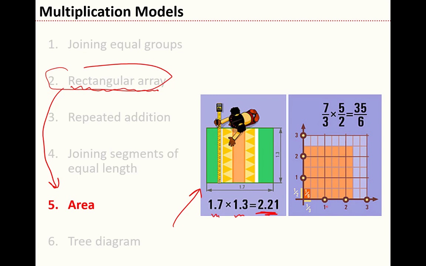Take a look at the picture on the right. This is a great way of showing the multiplication of fractions. In fact, let me draw a picture up on top. Imagine we have a 1 by 1 square. I'll divide it equally in half that way, and I'll divide it equally into thirds in the other direction.